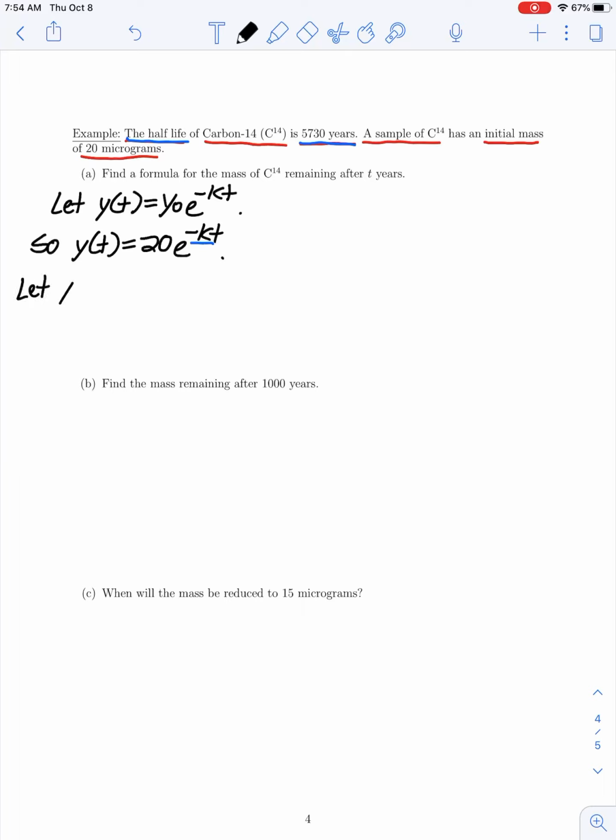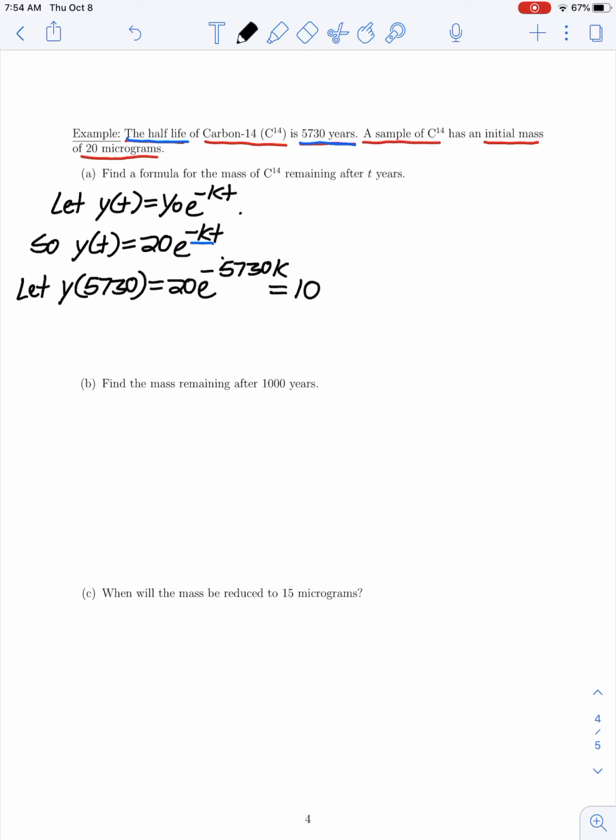Which means that if we look at our function y of t, which represents the mass, at time 5,730, we would have 20 times e to the negative 5730k. And since that was the half-life of this substance, and we started with 20 micrograms, after this period of time, we will be left with half of what we started with, 10 micrograms.